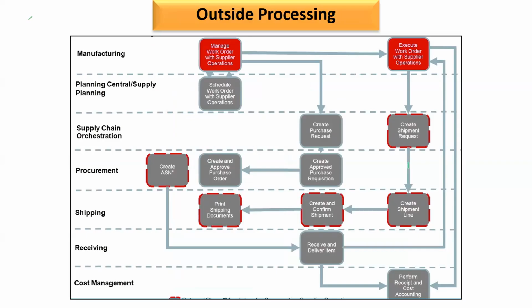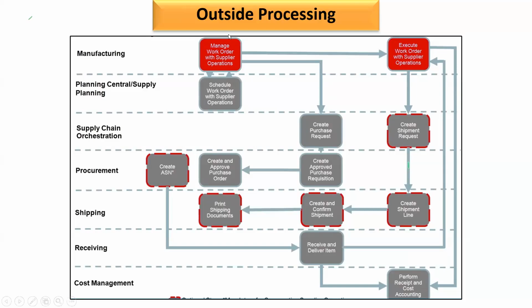In that case, I will procure those services from my suppliers and make the payment to them. Let's assume to complete a product I have to complete 10 operations. Maybe 7 operations I do in my warehouse only, and 3 operations I ask my supplier to complete. That means I am procuring from outside of my organization. That is outside processing.